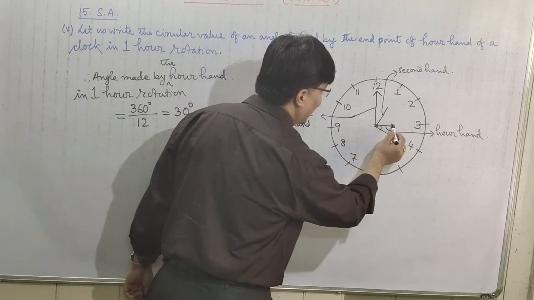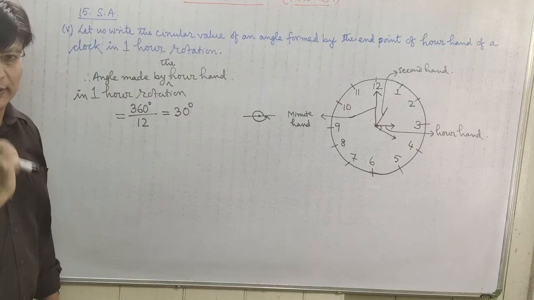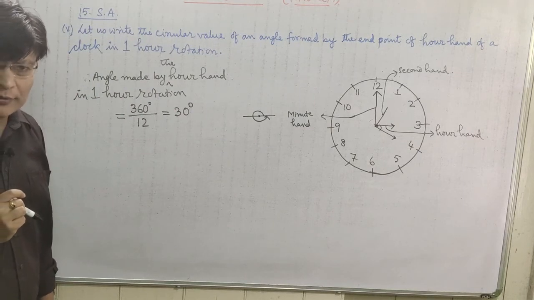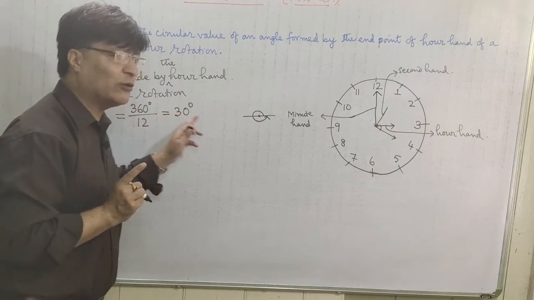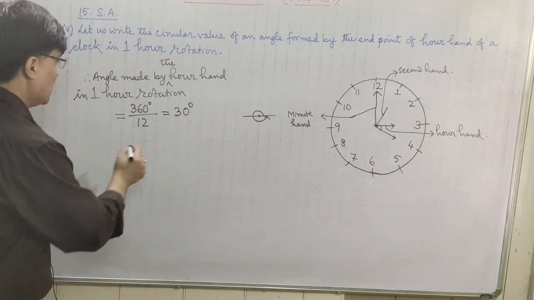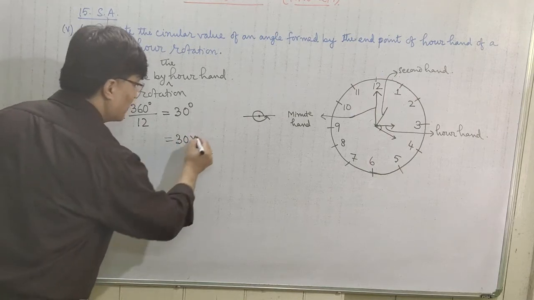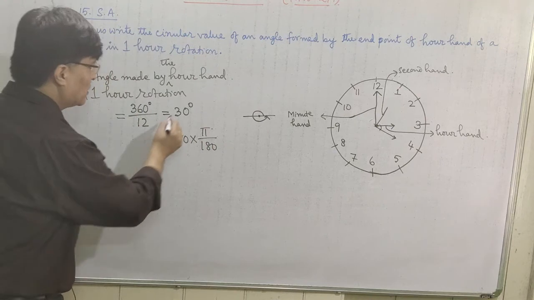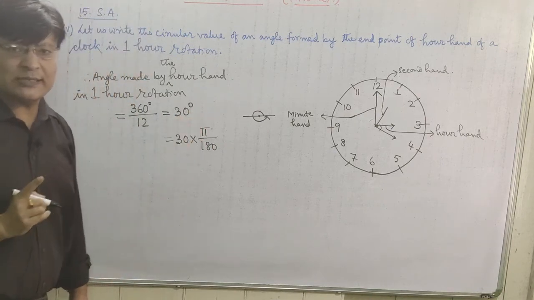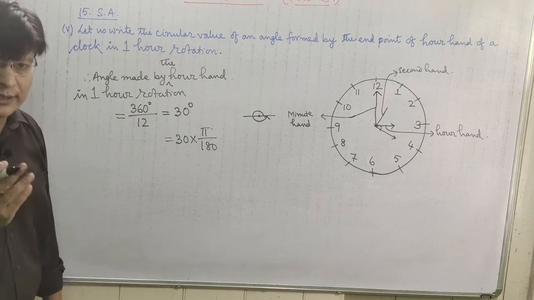The hour hand makes an angle of only 30 degrees. Is that clear to all of you? But you have to find out the circular value of this angle, 30 degrees. So 30 times pi by 180. This 30 degrees is in the sexagesimal system, so you have to convert it into the circular system.